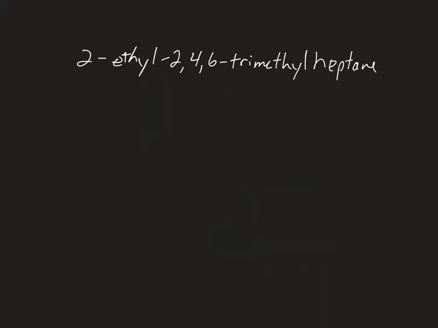So this one's an interesting one because it gives you an incorrect name, and we want to draw out what this says and then actually give it a proper name. So it says heptane, so heptane means 7 carbons. 1, 2, 3, 4, 5, 6, 7. And it's saying 2-ethyl, and there's a 2, 4, 6 trimethyl.